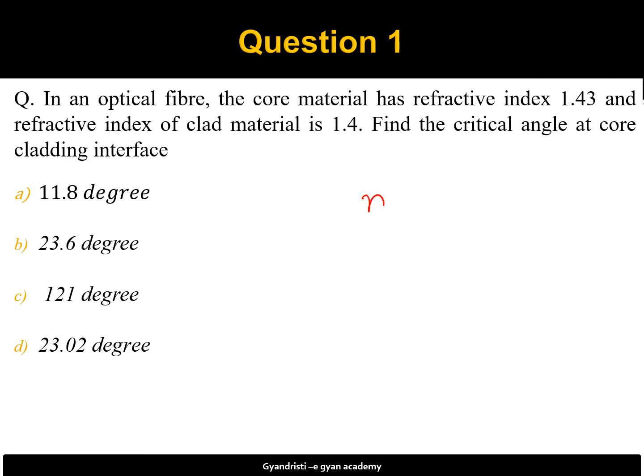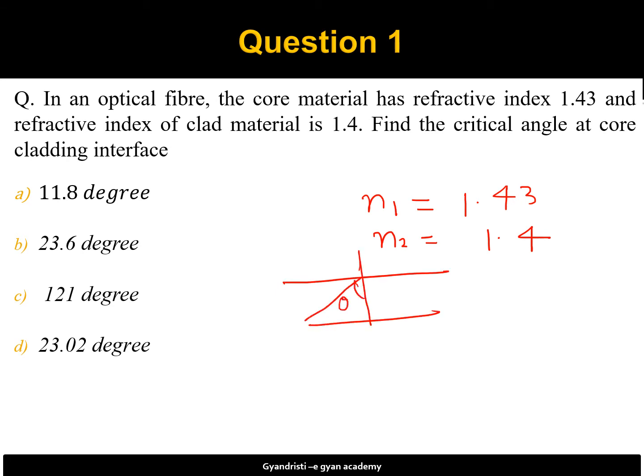So given that N1, that is refractive index of core, is 1.43 and N2, that is refractive index of cladding, is 1.4, and we know that at core cladding interface the critical angle theta c is defined as cos theta c is equal to n2 by n1.